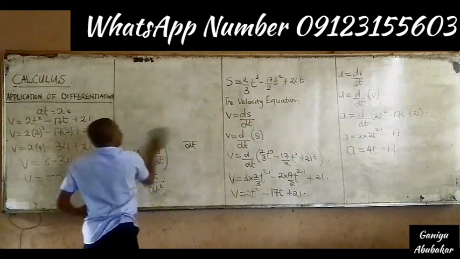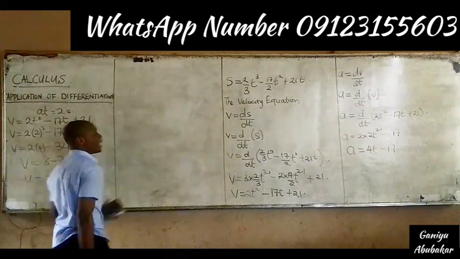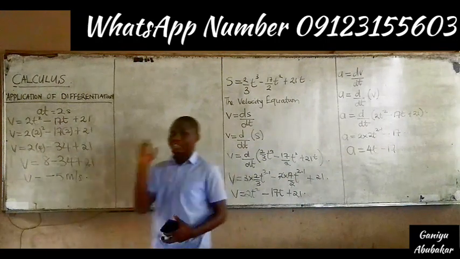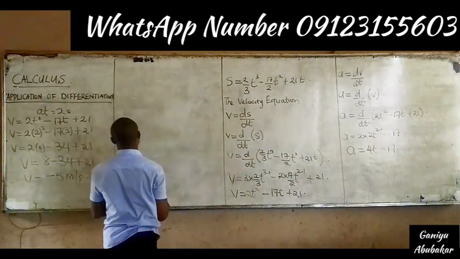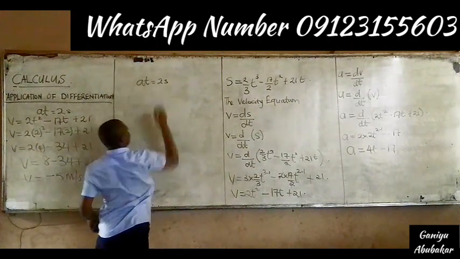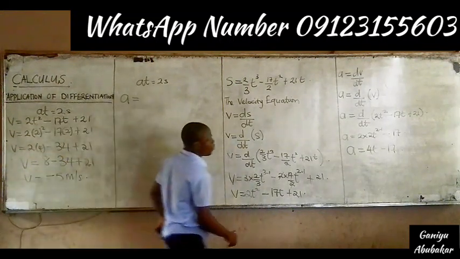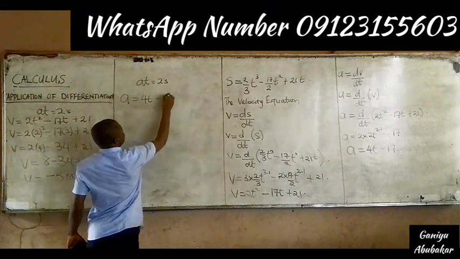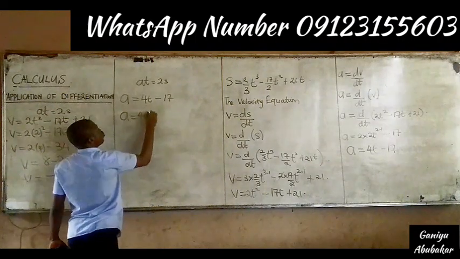So don't forget, when it comes to rectilinear motion, to get velocity, differentiate once. To get acceleration, differentiate twice. For the acceleration equation at 2 seconds, acceleration is 4 into 2 minus 17.